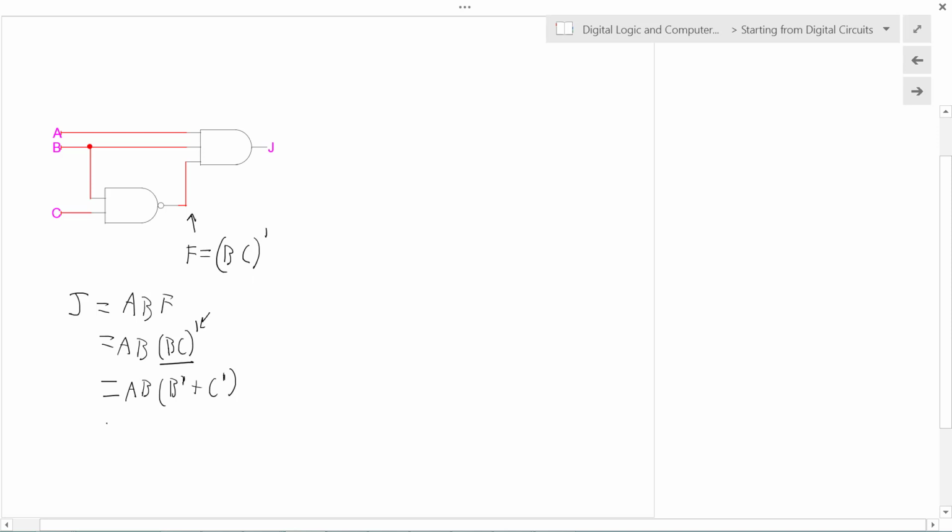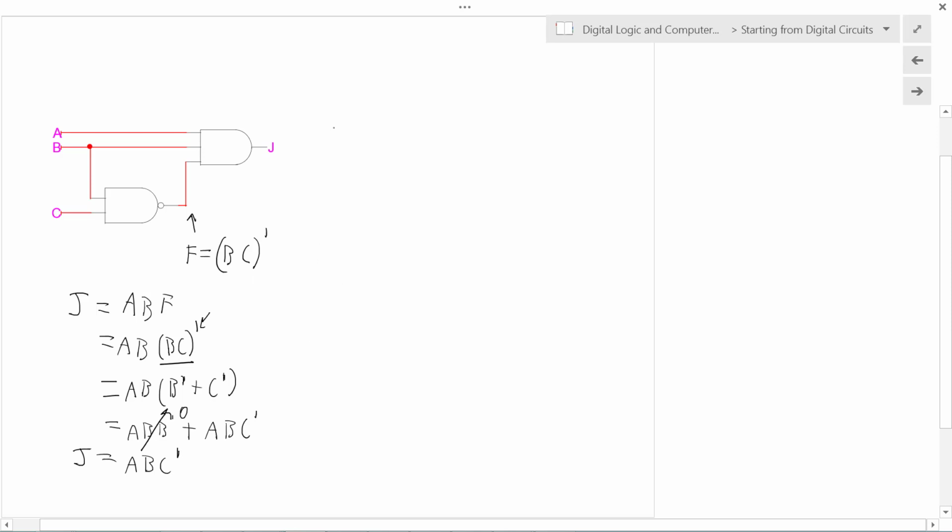Now we can use the distributive property. A B B prime ORed with A B C prime. This drops to 0 because B ANDed with B prime is 0. And so J equals A B C prime.